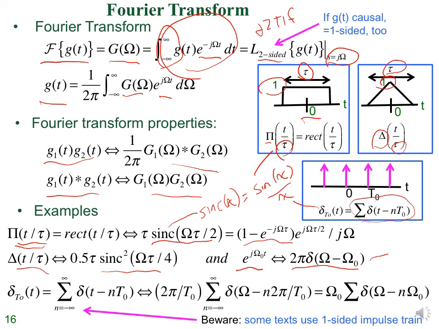Again, the infinite impulse train has a Fourier transform that is an impulse train in frequency, where the separation in frequencies is omega 0. These are multiples of omega 0, so there are infinitely many in the frequency domain too, but they have a weight of 2 pi over t0. Again, 2 pi over t0 is the definition of omega 0.